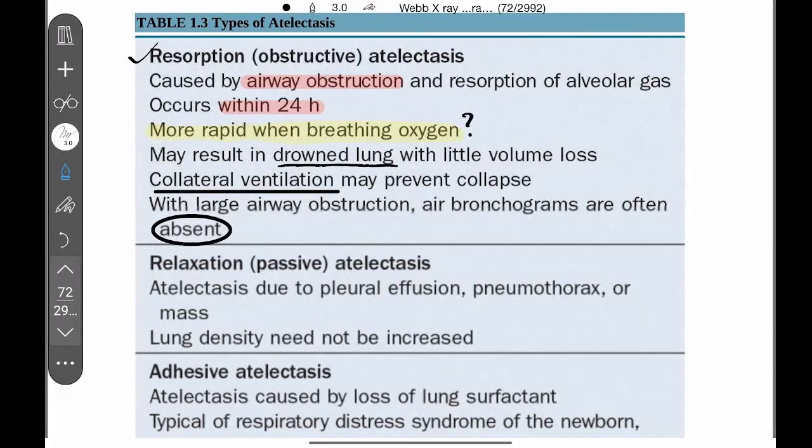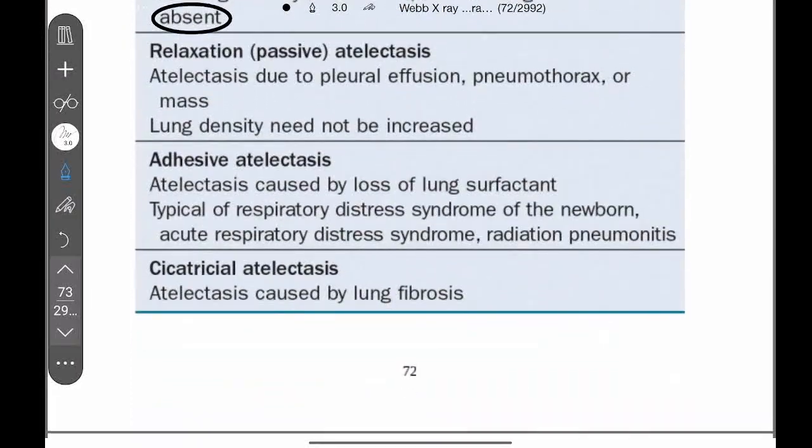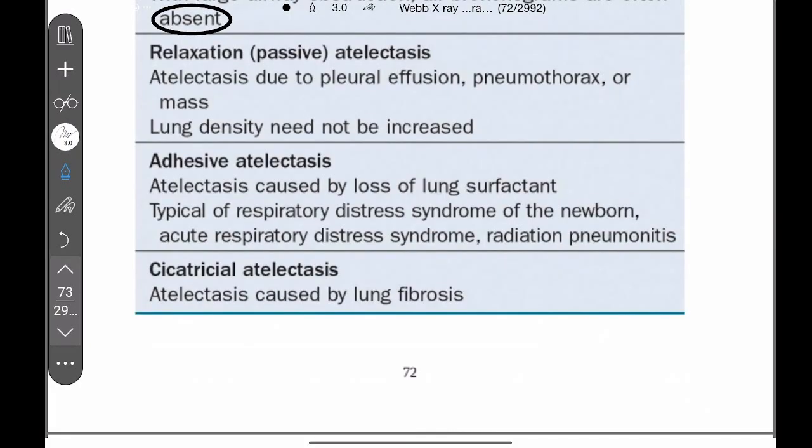Or resorptive atelectasis. Then comes relaxation atelectasis, also known as passive atelectasis. When you relax, what do you do? You inhale a breath and exhale it. Exhalation is a passive process.